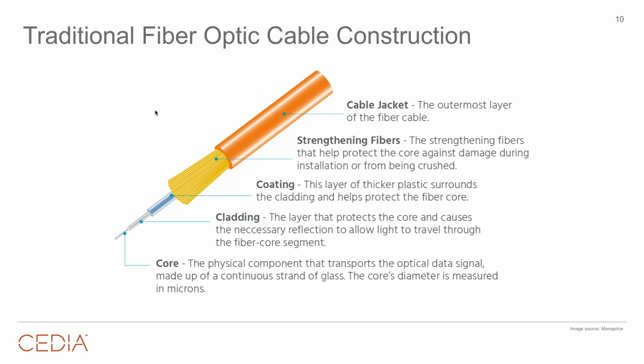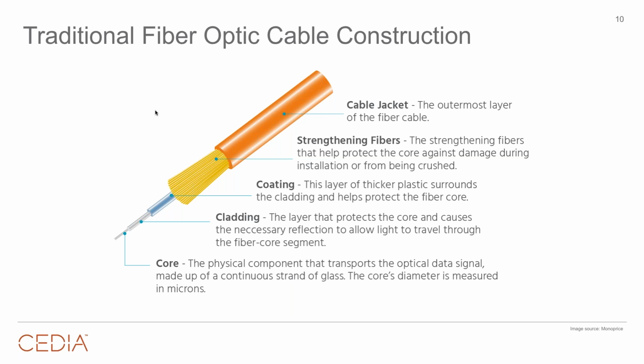Everybody's familiar with a cable jacket, right? That's what we see on the outside of the fiber optic cable. And that jacket can be plenum rated, it can be UV rated, you'll have water outdoor ratings on these cable jackets. A lot of different ways you construct it depending on the plastic grade and the different polymers used in the physical construction.